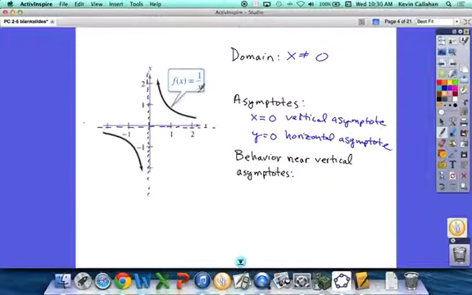Well, the whole fraction goes infinitely large, right? So the graph, when you approach a vertical asymptote, is going to veer off towards infinity or towards negative infinity. As x approaches the vertical asymptote, y approaches positive or negative infinity.